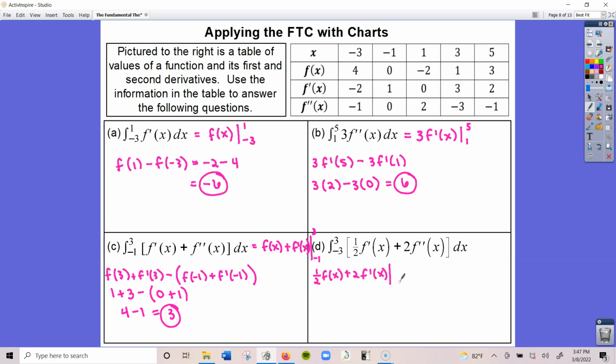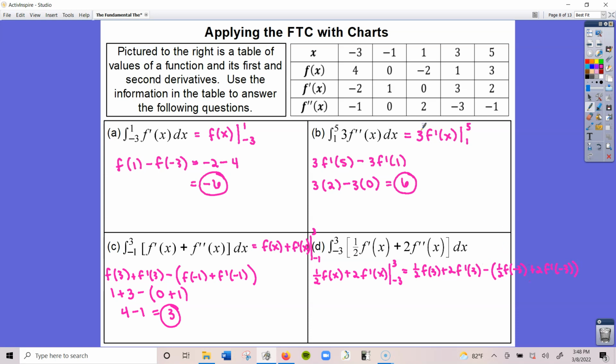And I'm going to evaluate that from -3 to 3. So now let's plug everything in. We're going to plug in the 3 first. So 1/2 f of 3 plus 2 f prime of 3 minus, open my parentheses, 1/2 f of -3 plus 2 f prime of -3.